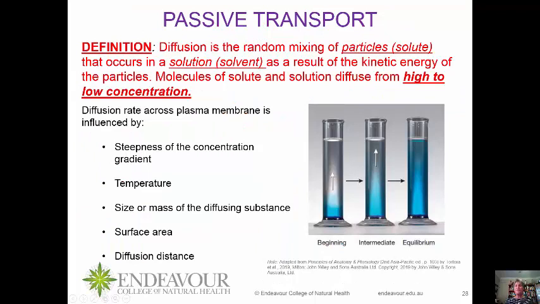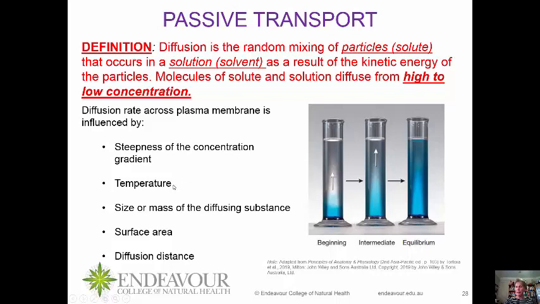What factors can affect how fast particles or solutes, okay, diffuse across the plasma membrane depends upon certain things. So the first one is steepness of the concentration gradient. So the greater the steepness, the quicker the diffusion. So it happens faster.